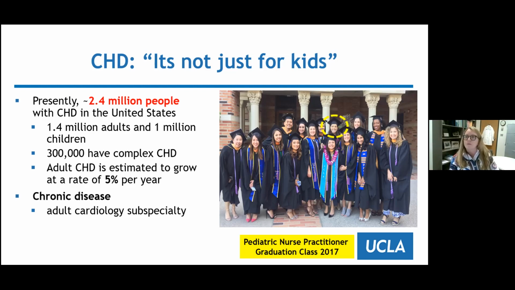These children about, I'd say, 3 or 4 decades ago did not survive, and now they are surviving and they are thriving. And she's actually a primary care provider now in Portland, Oregon.